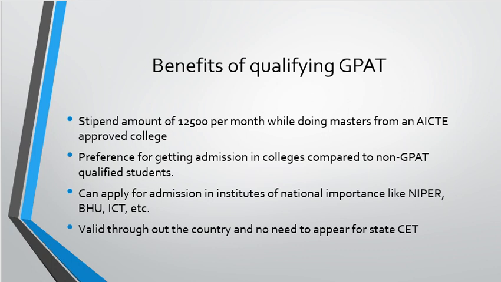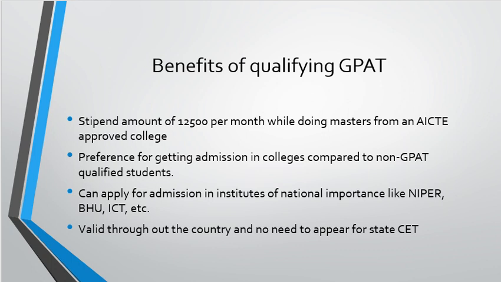Okay, then the second thing: preference for getting admission in colleges. When you go to any college for admission for your masters, if you have qualified GPAT, you will be preferred over non-GPAT qualified students, because overall this will increase your percentile.